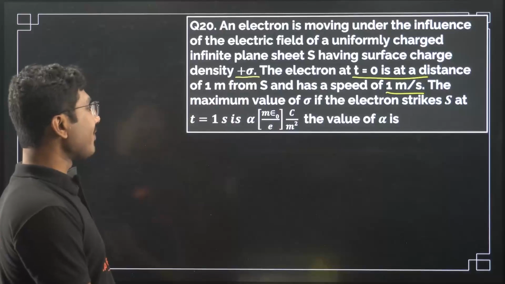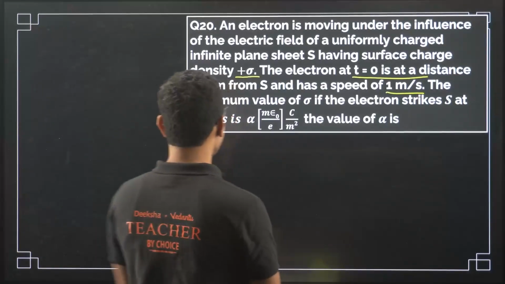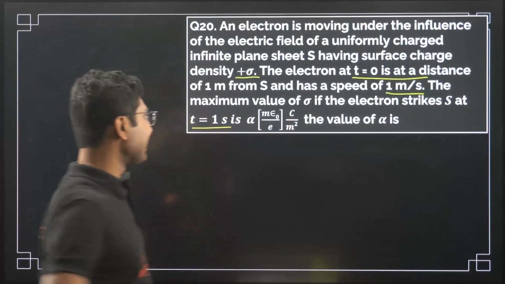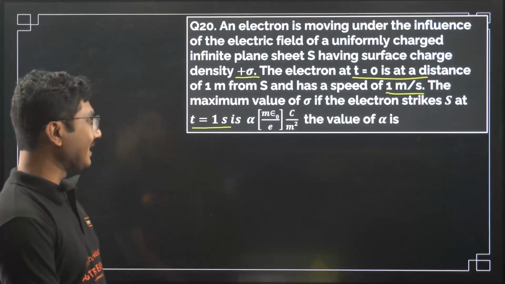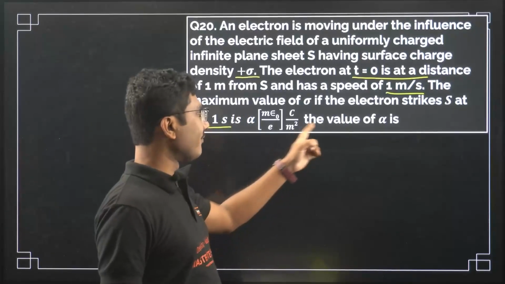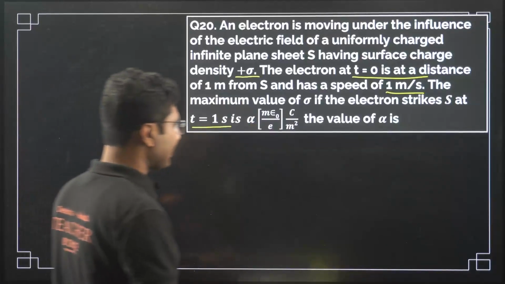The maximum value of sigma if the electron strikes S at t equals 1 second is alpha m epsilon naught by e, in coulomb per meter square. The value of alpha is asked. Another problem based question, so let us understand the question.